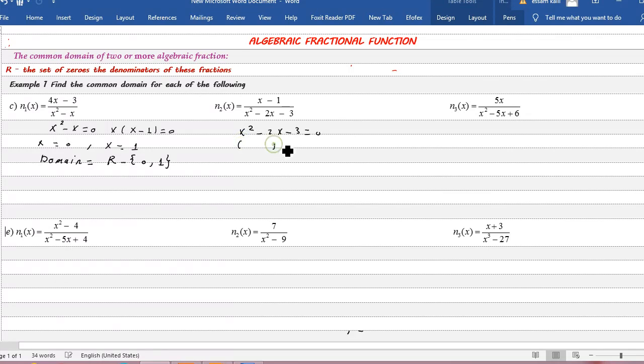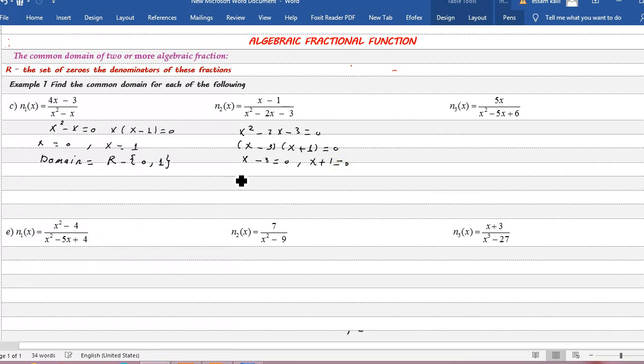Open two brackets, x and x. Find the product of two numbers equal 3 and the difference between them equal 2. So 3 times 1. The greatest takes the sign of the middle term and 1 takes the opposite sign, positive. If two brackets multiplying equal 0, then the first bracket equals 0 and the second bracket equals 0.